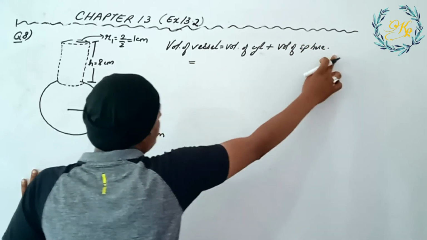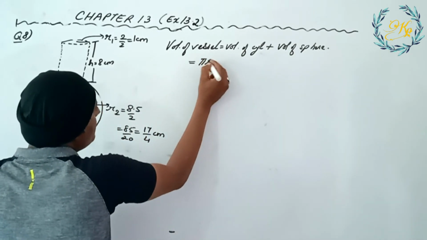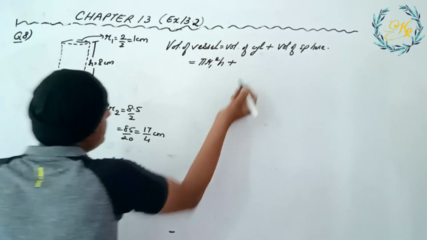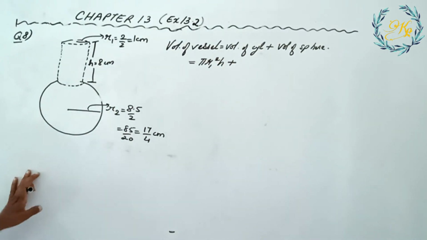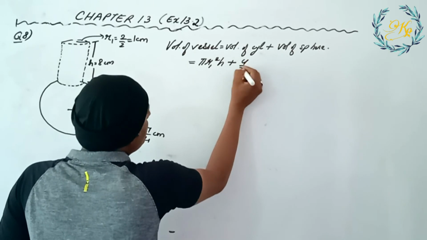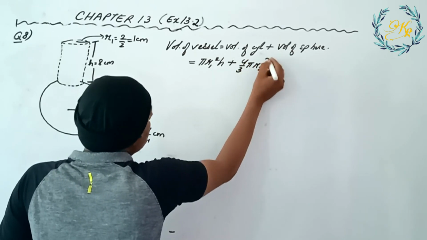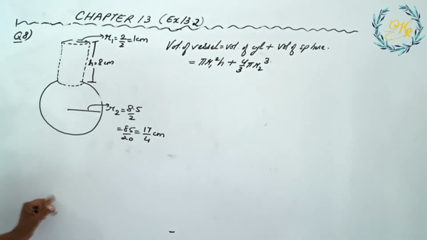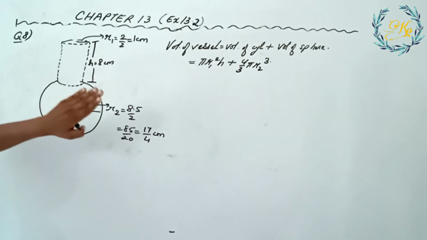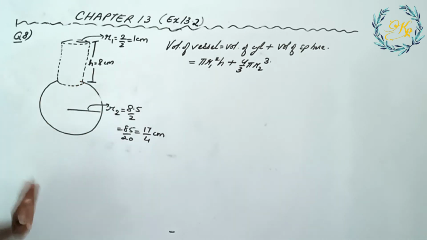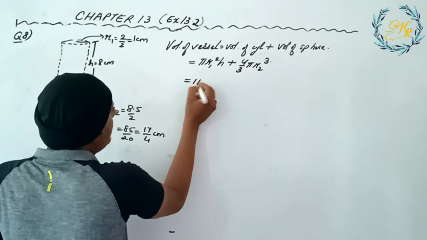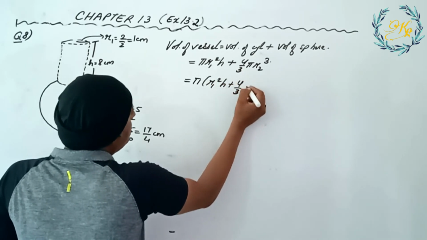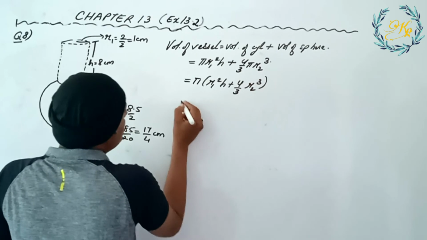Volume of cylinder is given as pi r1 square h, as you can see here, plus the volume of the sphere is given by the formula 4 upon 3 pi r2 cube. You can see here, right? We see that all the values are different. The only thing that can be taken common from both the values is pi. So we will take pi common. We are left with r1 square h plus 4 upon 3 r2 cube.